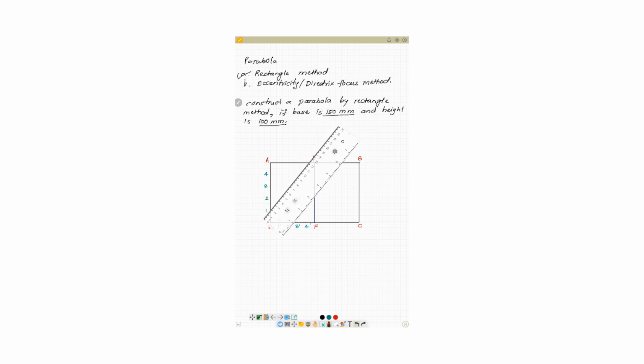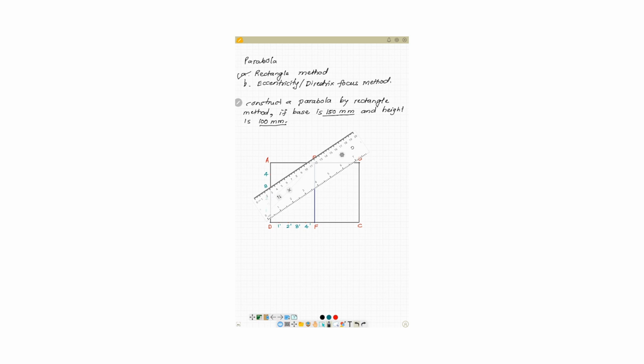So point number 1 on the vertical side I will connect to E. Similarly point number 2 I will connect to E point. Adjust the scale accordingly and I will connect it to E point here.